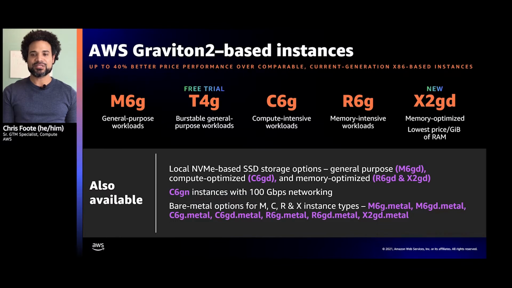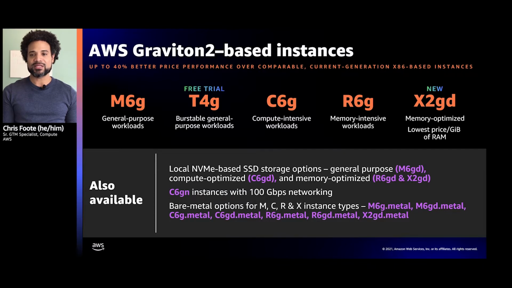The C6Gs were launched at re:Invent last year, and these offer additional compute performance, and it's best for compute-intensive workloads. So think high-performance computing and video encoding. And the C6GN variants also offer enhanced networking as well. For the R6Gs, those are built for memory-intensive workloads. So if you think about your open source databases or anywhere you need large amounts of perhaps scratch space.